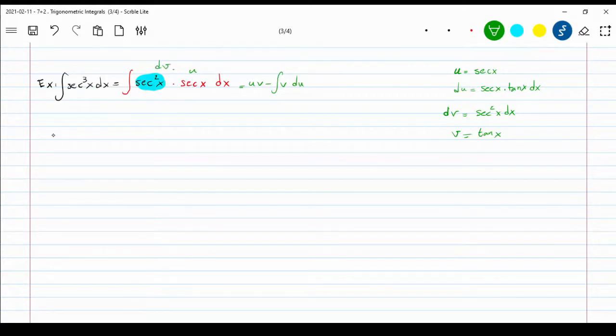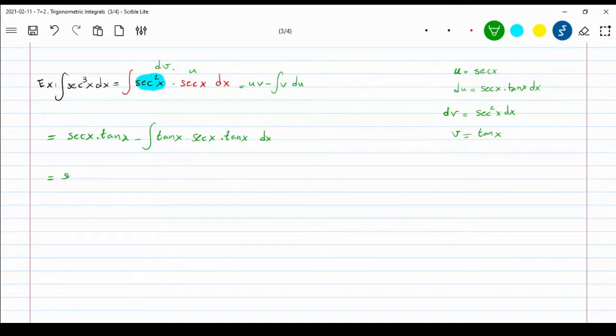Okay, so instead of u, I have secant x. Instead of v, I have tangent x. So I have secant x times tangent x minus the integral of v du. V is tangent x. What is du? It is secant x times tangent x dx.